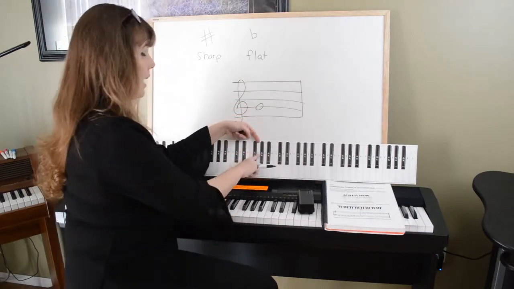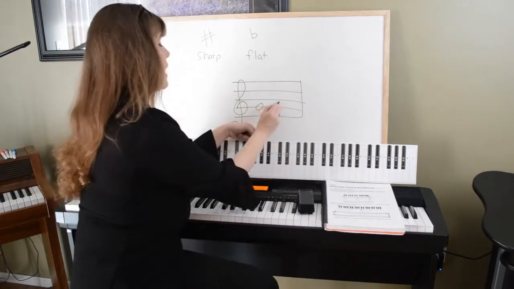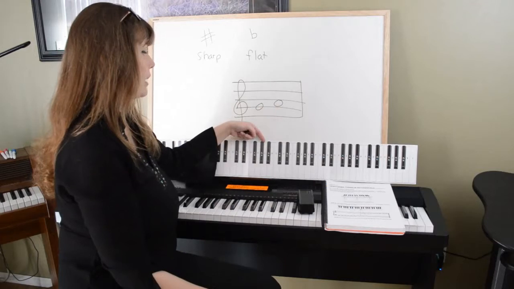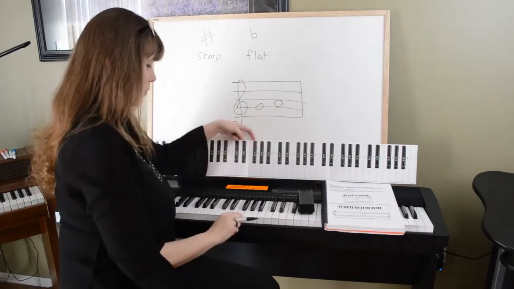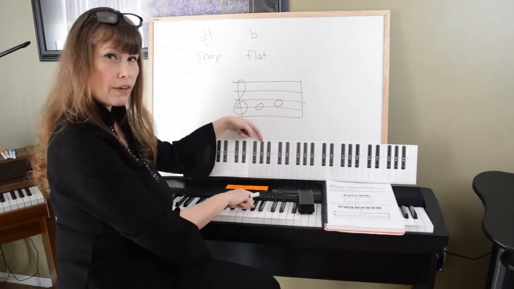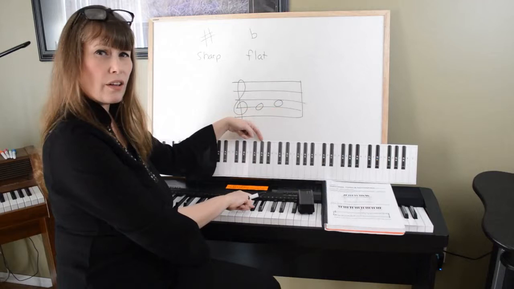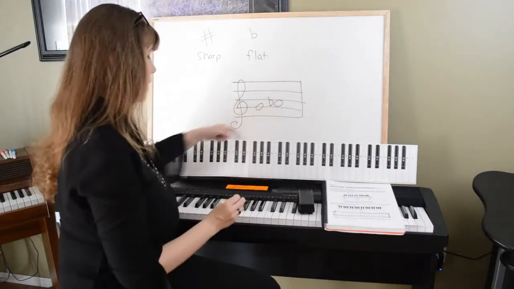We know that after G, going up or ascending, comes A. So if we have an A there, but we want it to be a semitone, I would need to change that A to the very next black note. But I can't call it G sharp. So I'm going to call it A flat.